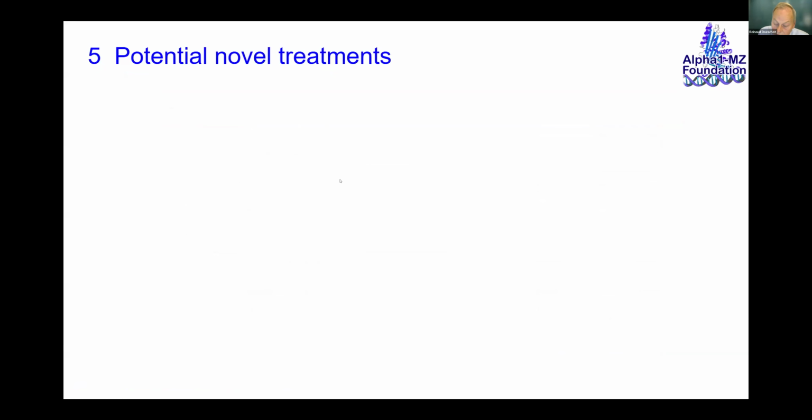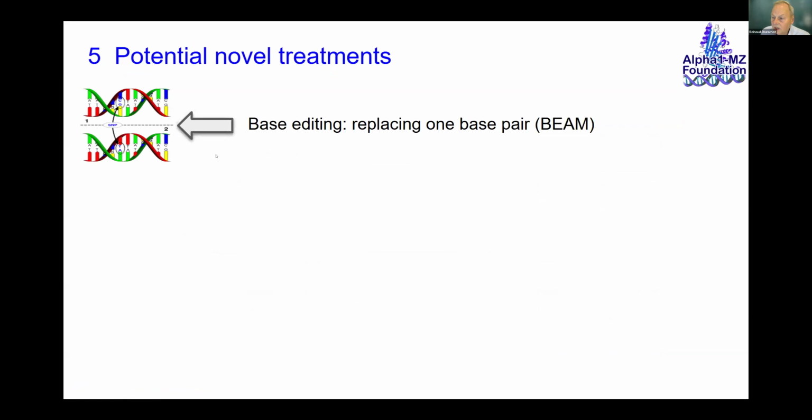What are the new developments targeting these mutations? Well, at the level of the gene, we see that there's a novel treatment developed called base editing. It's replacing just one base pair, and for instance, the company called Beam is working on it.